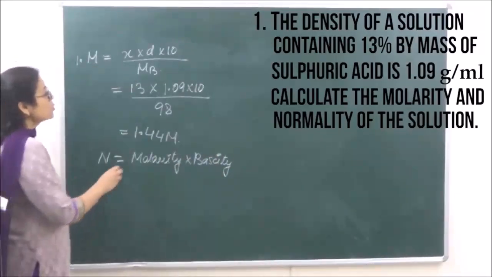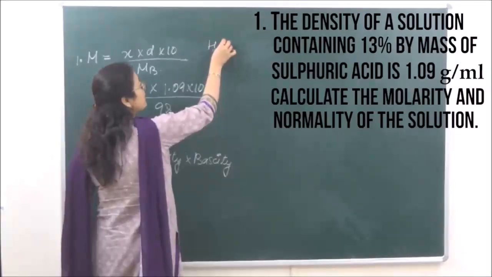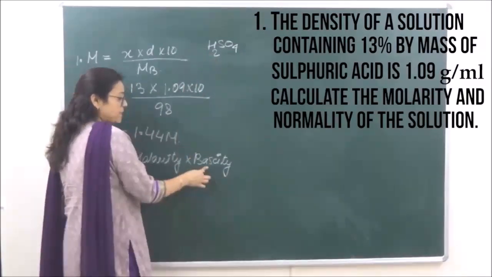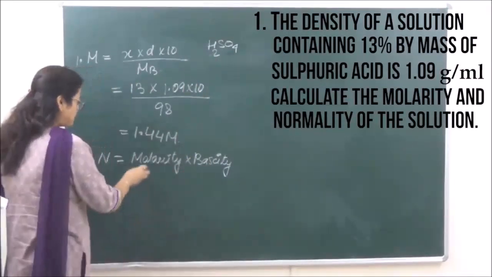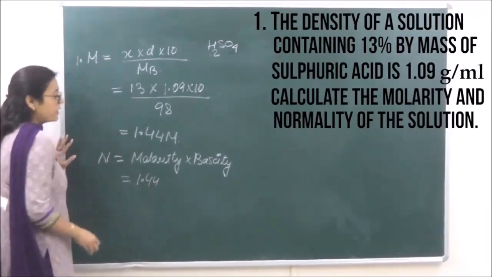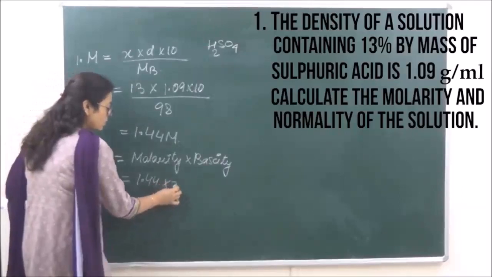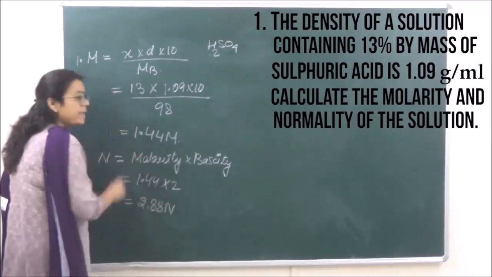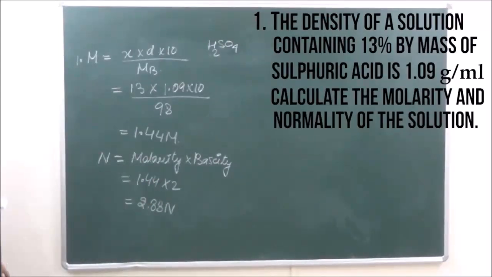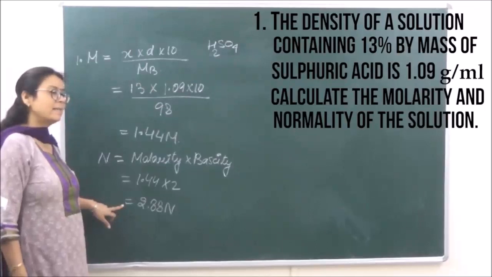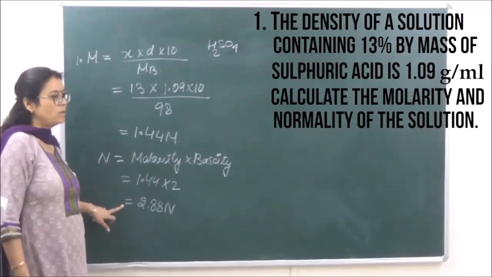Now in case of H2SO4, the number of replaceable hydrogen ions is 2. So the basicity will also become 2. Then what will be the normality? That will be equal to 1.44 into 2, so that comes to 2.88 normal. Right? So the answer to the question is that the molarity of the solution is 1.44 molar and the normality is 2.88 normal. Okay?